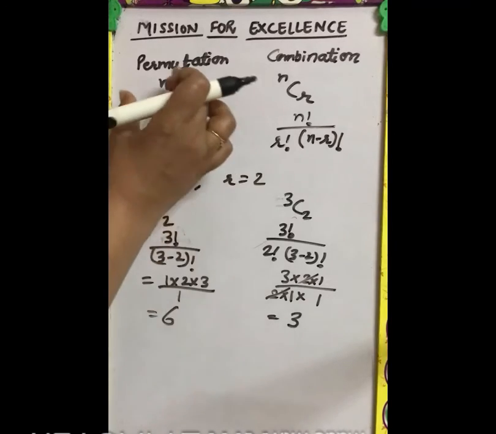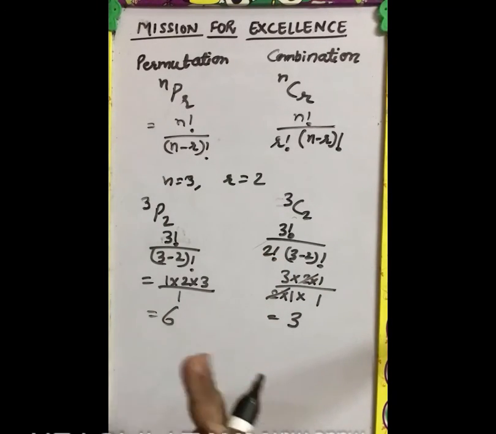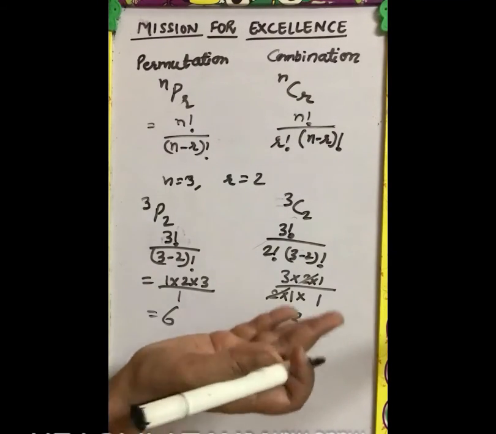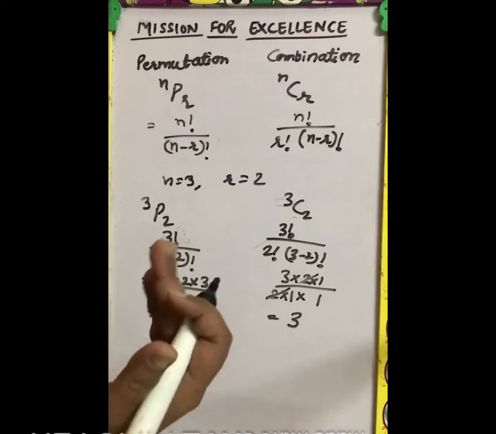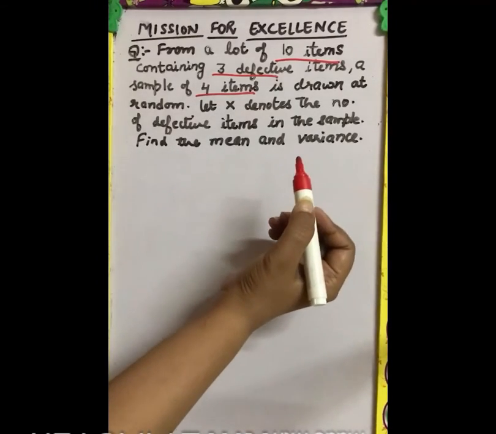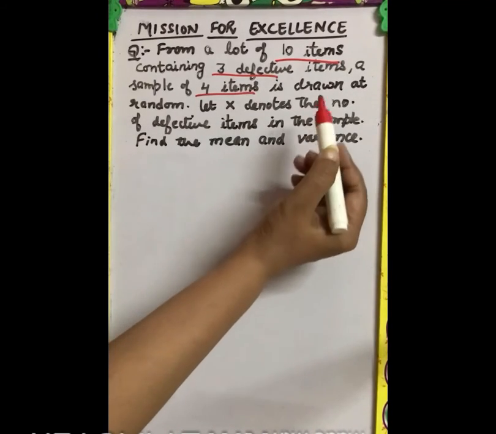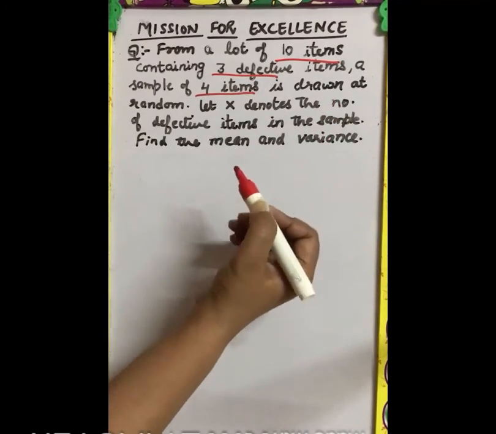So this is the concept of permutation and combination, which we often use in the case of probability distribution. Let us take one example related to permutation and combination as well as probability distribution, mean and variance.